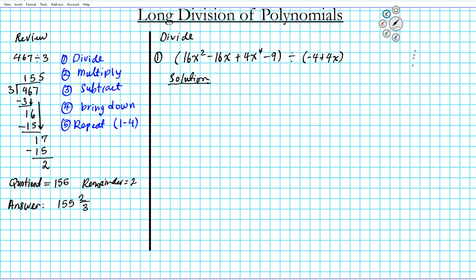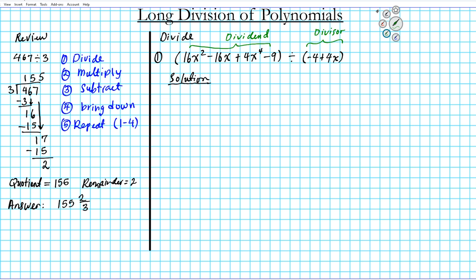Just a side note, the expression that comes first is known as your dividend, and then the expression that you're dividing by is your divisor. So just keep that in mind. So dividend over divisor is equal to quotient plus remainder over divisor.